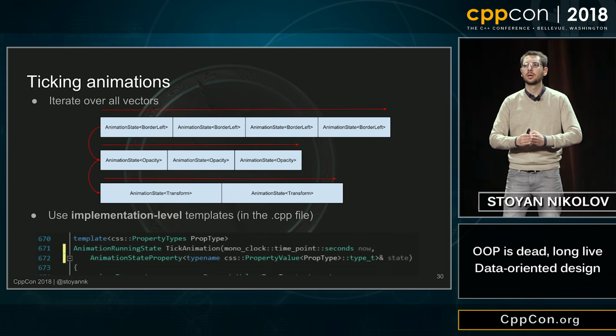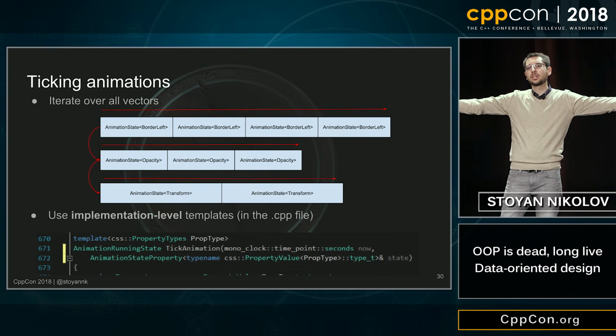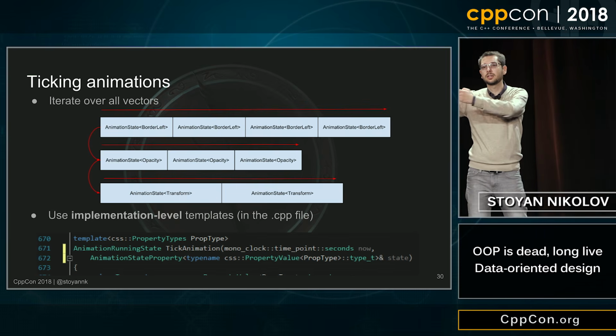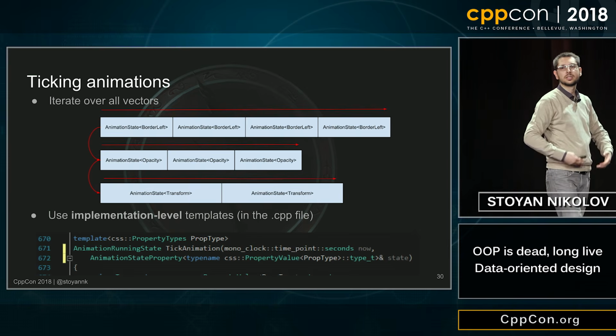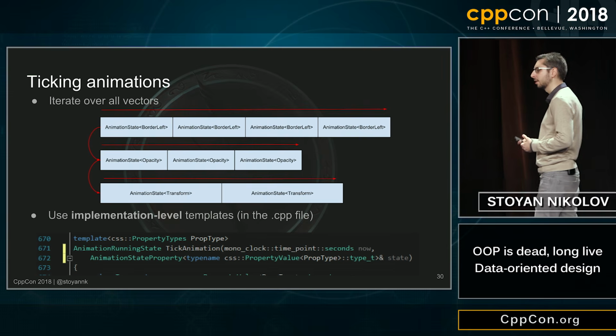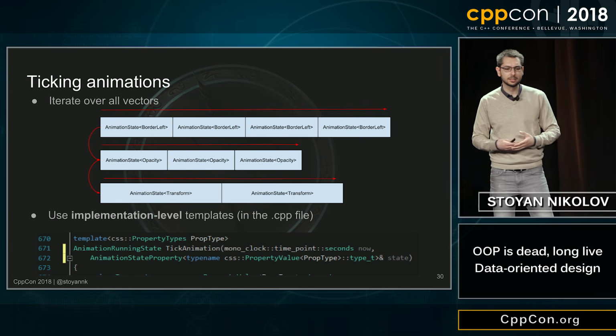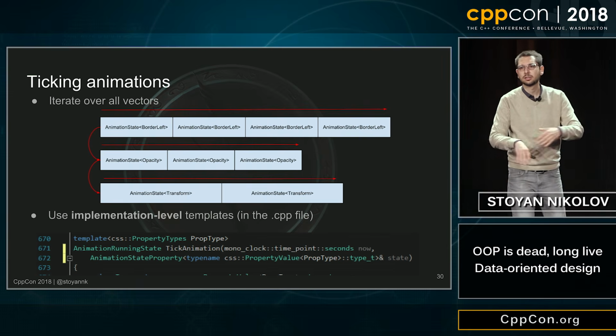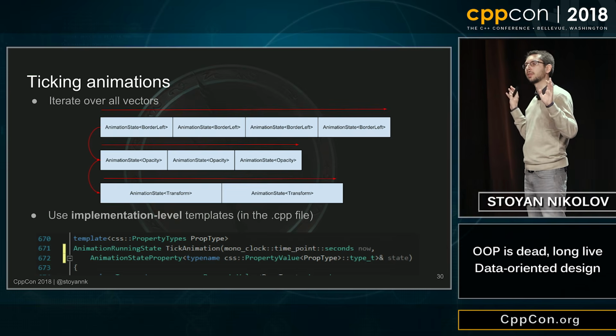So we'll end up with a bunch of very large vectors that we can linearly iterate, and the prefetcher of the CPU will do its magic, and will not be paying the cost of cache misses, and we'll end up with a lot of vectors that are simply empty, and we'll skip over them.